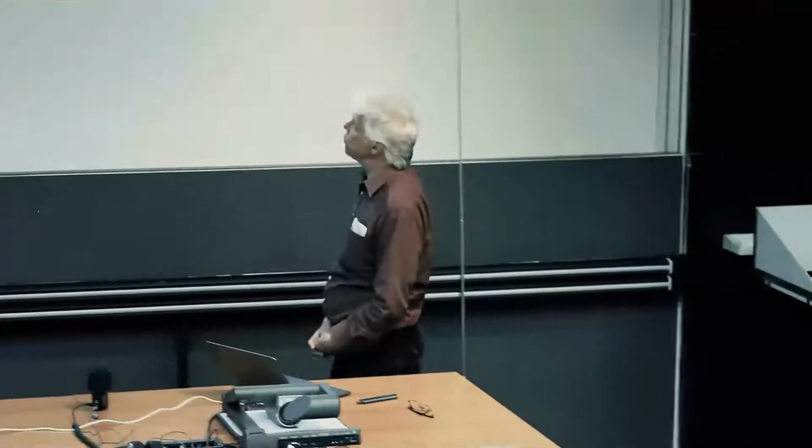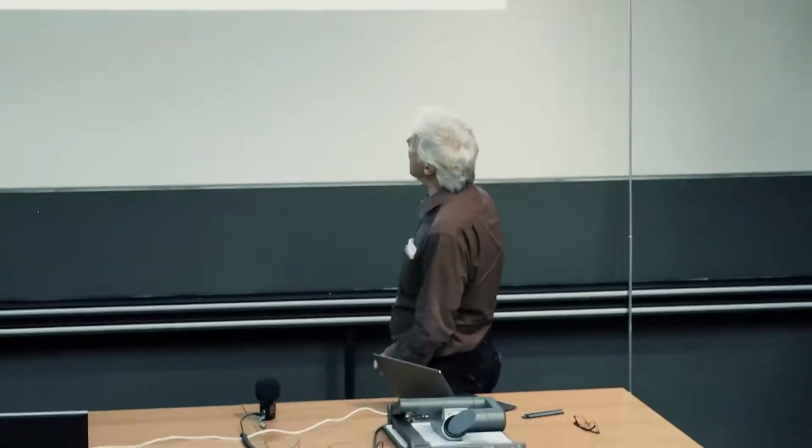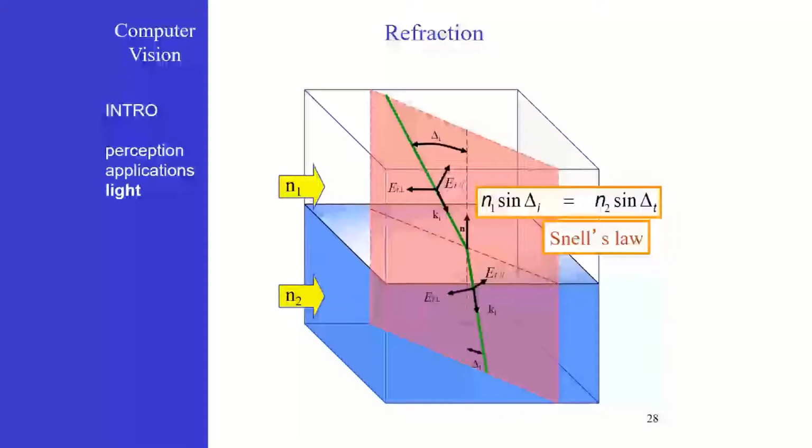But notice that there is something going on with the angle of refraction. So we have delta I before, the angle of the incoming light relative to the normal, and then we get this transmitted light here, this delta T, also its own angle, the angle of refraction, that is.